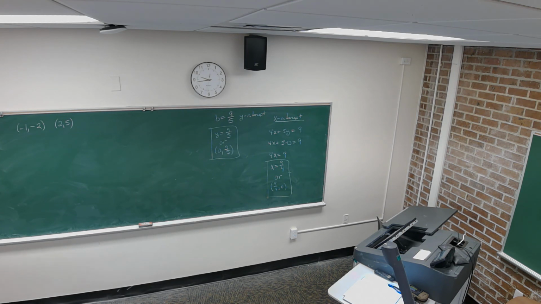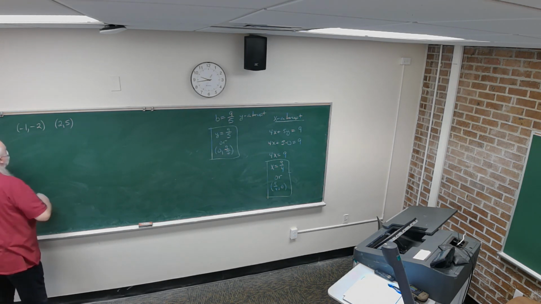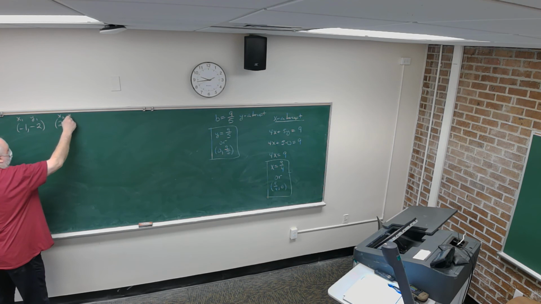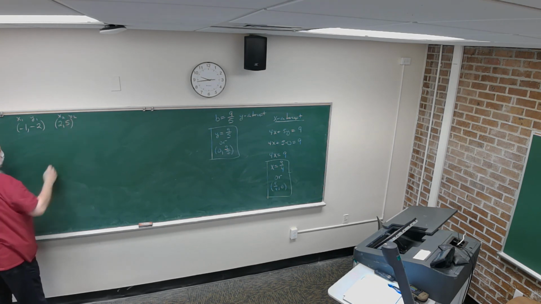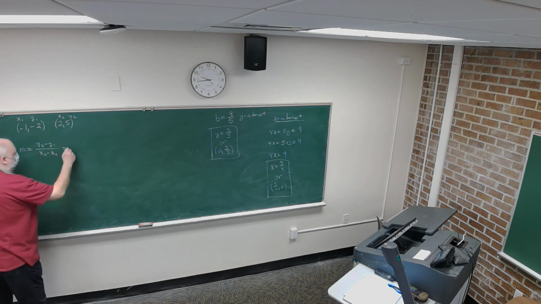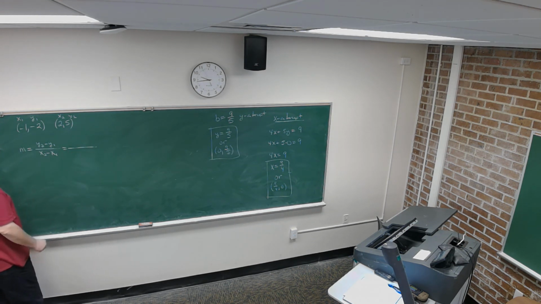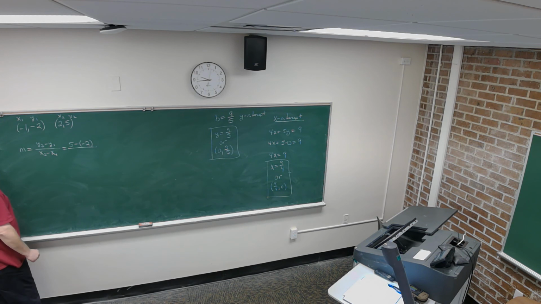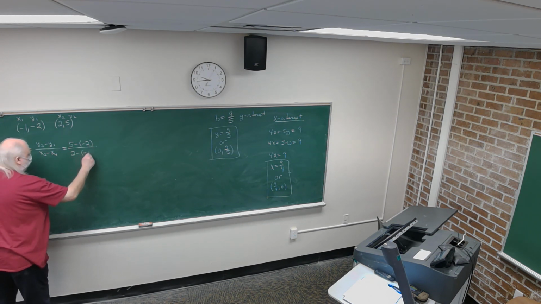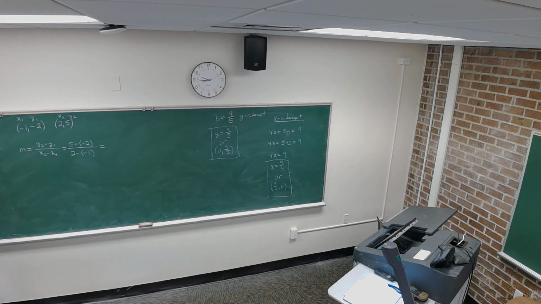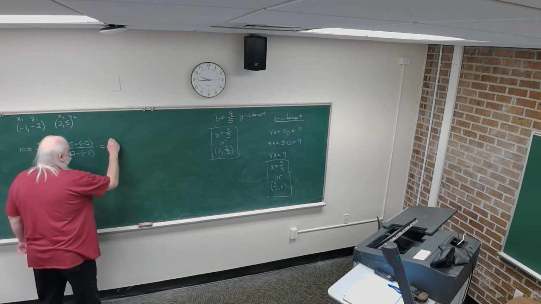Okay. So to find the slope of the line, label one point x1, y1, the other one x2, y2, and then slope is the change in y over change in x. y2 minus y1 in this case is 5 minus a -2, and x2 minus x1 is 2 minus a -1. 5 minus a negative 2 is the same as 5 plus a positive 2.